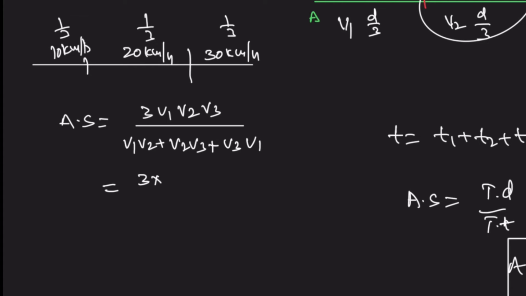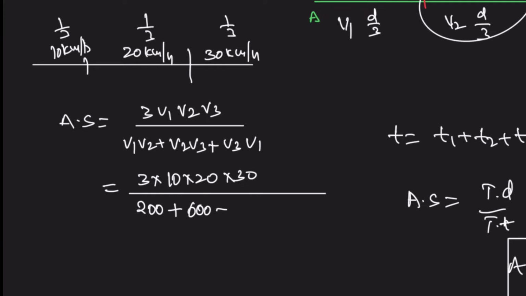So the answer is 3 into V1 is 10, V2 is 20, V3 is 30 by V1 into V2, that is 10 into 20, 200, plus V2 V3, 20 into 30, 600, plus V3 into V1, 30 into 10, 300. 200 plus 600 plus 300, 800 plus 300, 1100.